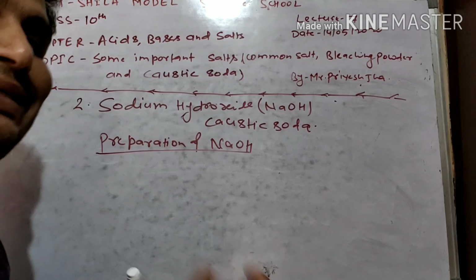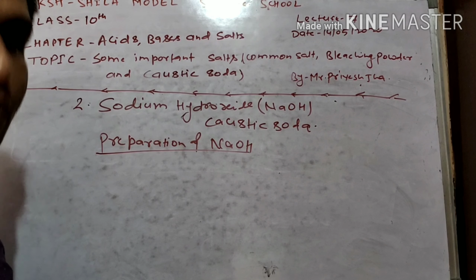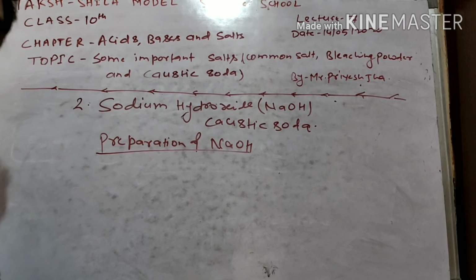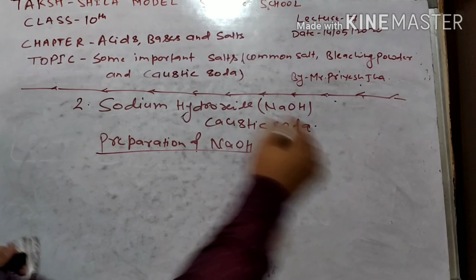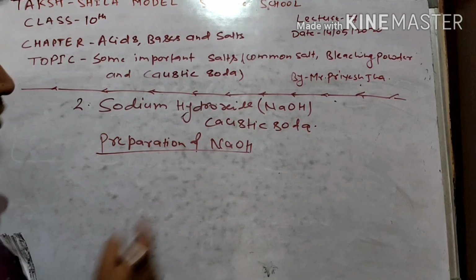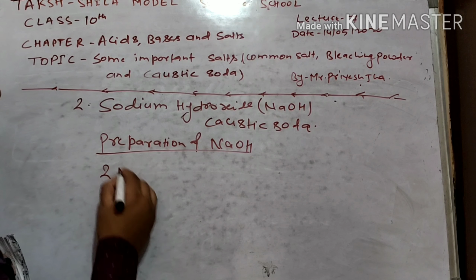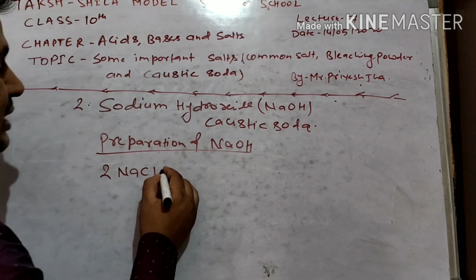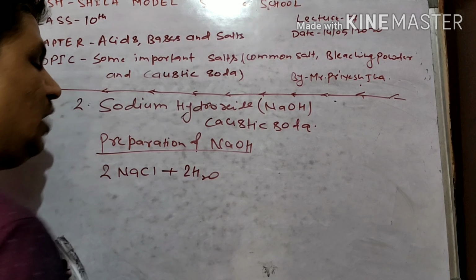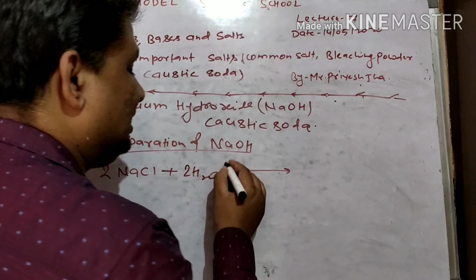Electrolysis means passing electricity through its aqueous solution. So sodium hydroxide is obtained when electrolytic decomposition of brine solution of sodium chloride takes place. For the preparation of sodium hydroxide, 2 NaCl in the presence of water by electricity.